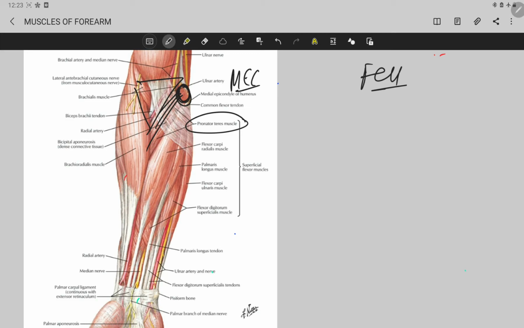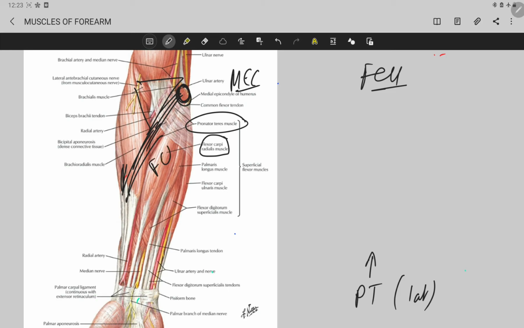which is also called your common flexor origin, and then it crosses the anterior forearm and is attached to the radius, the most convex part of the radius. This is all about the pronator teres. So most lateral is the pronator teres, and medial to pronator teres, you can see the flexor carpi radialis muscle.